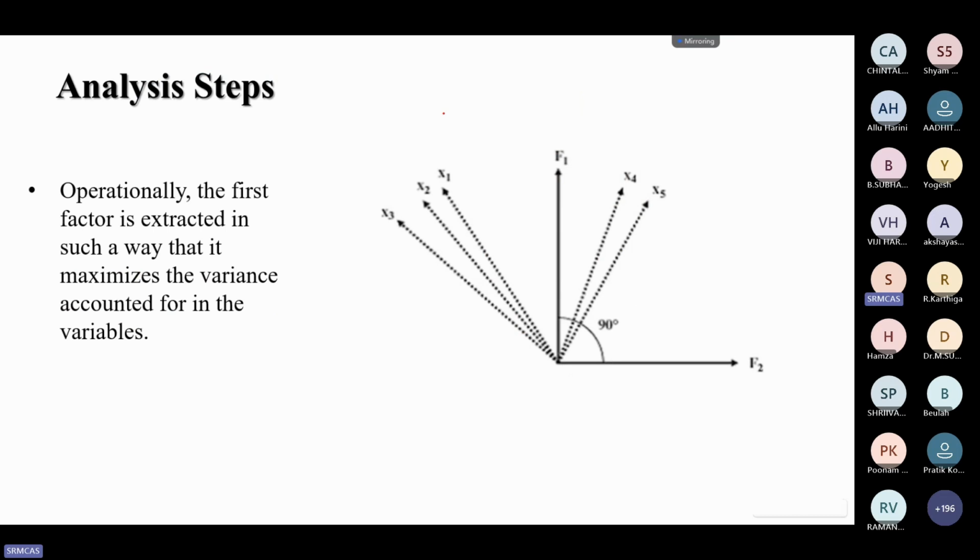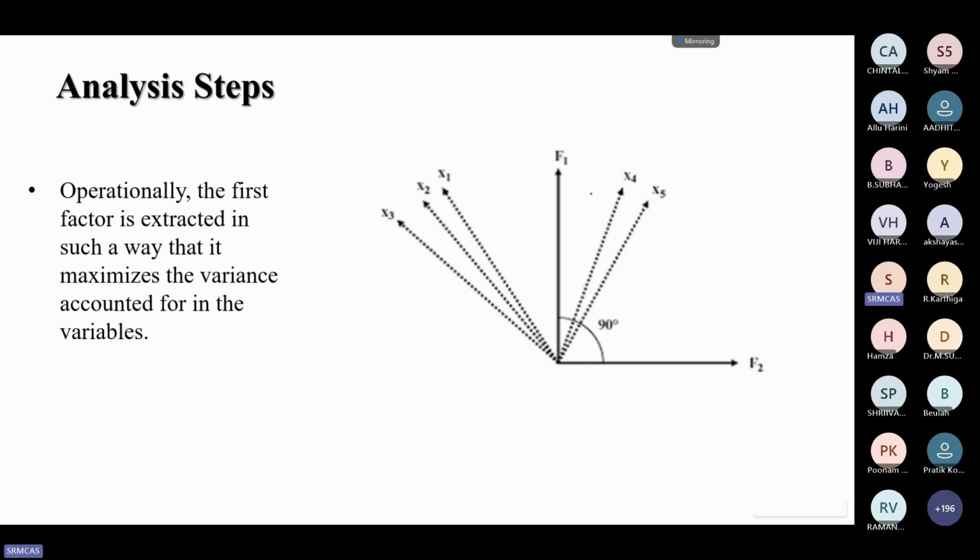So this is how it operates in generating the factor. The first factor is extracted in such a way that it maximizes the variance accounted for in the variables. For example, in our vector space we have different factors and different variables. The variables that are very close, at less than a 90-degree angle, will give more variance to the respective factors.